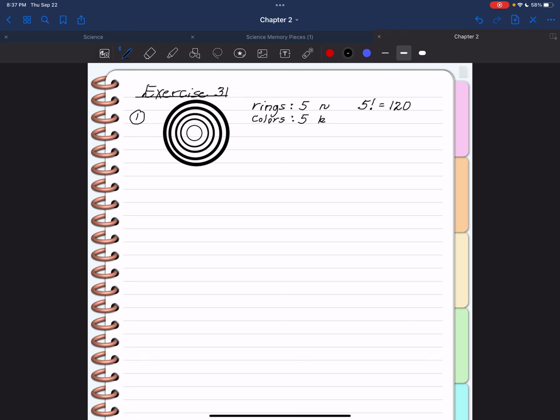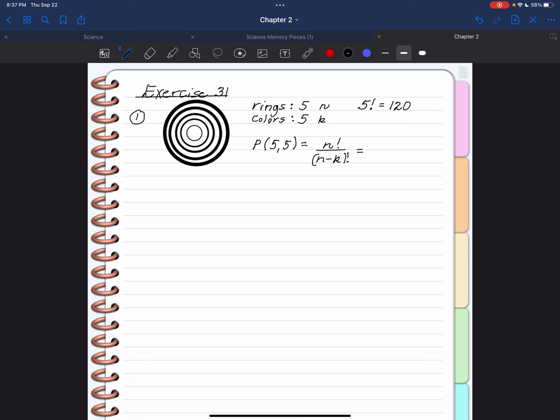You can also use the permutation formula. If you just forgot and you didn't realize that you could do factorial, this is always going to be the case when you have the same number for n and k, you can do the factorial. So we have n factorial over n minus k factorial. That is because this bottom term will always be 0 factorial.